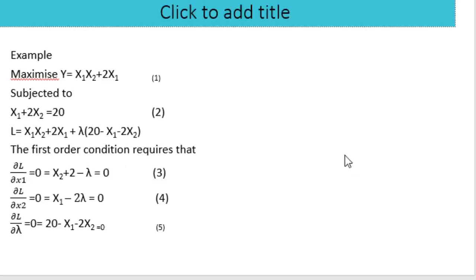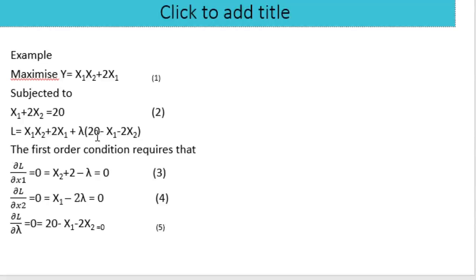Let us take an example to explain the above. The objective function given is y equal to x1 x2 plus 2x1, subject to x1 plus 2x2 equal to 20. Here this constraint can be written as 20 minus x1 minus 2x2 equal to 0.